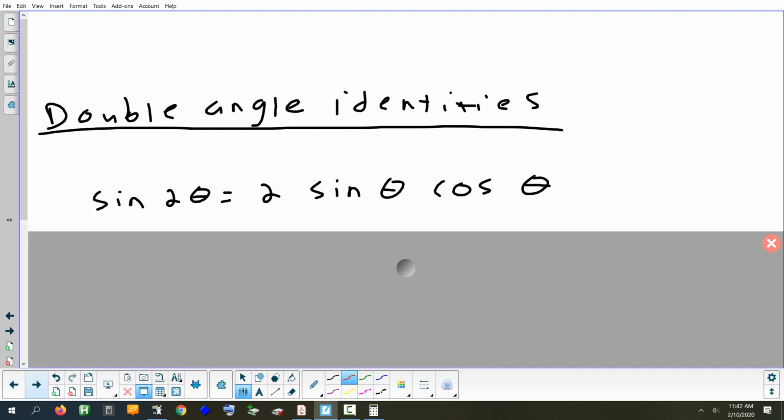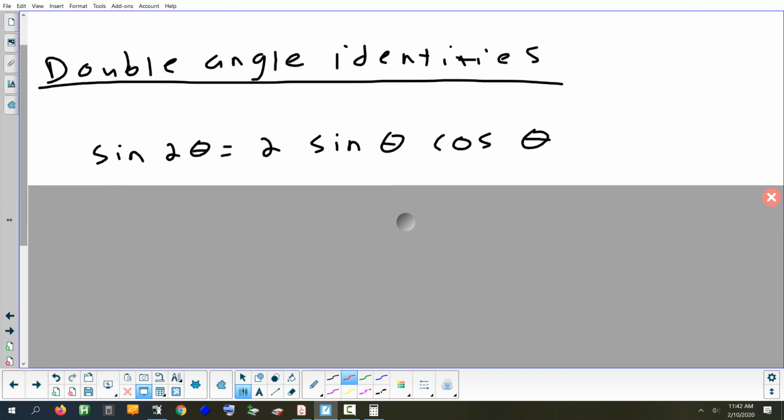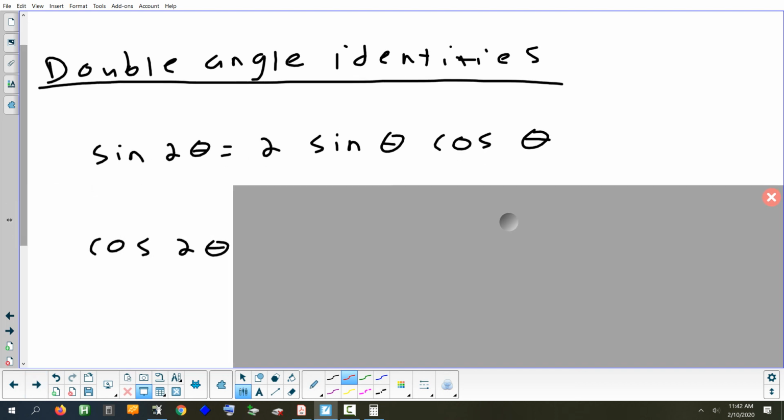There's one for cosine. Actually, there's a couple for cosine. And I think there's just one for tangent. Does anyone remember a Pythagorean identity, something squared plus something squared equals 1? Sine squared plus cosine squared. Yes.